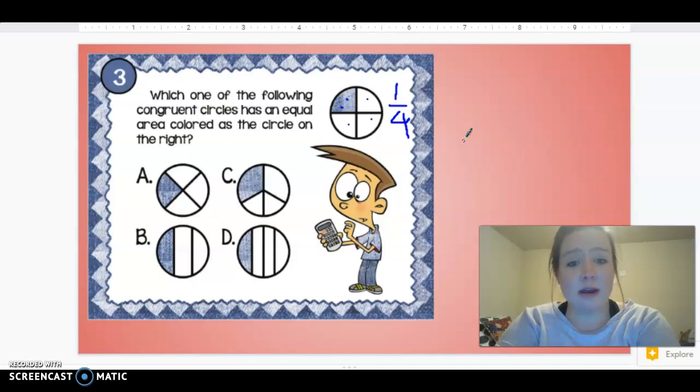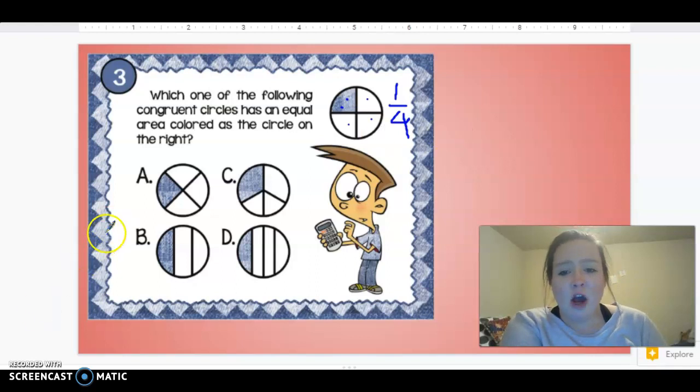Good. The denominator is the number of parts in the whole. Who remembers what the numerator tells you in a fraction? Good. The numerator is the number of parts that are being counted or shaded.